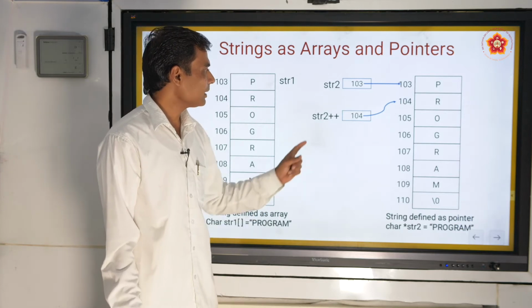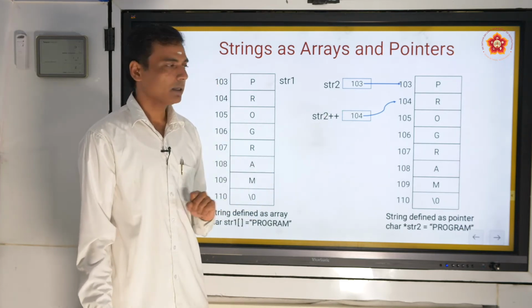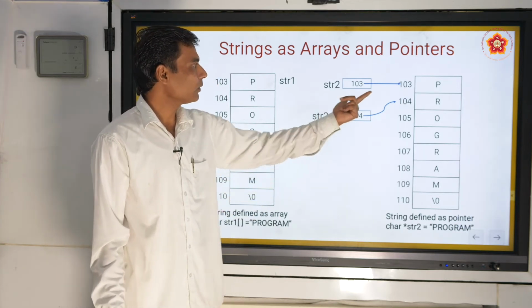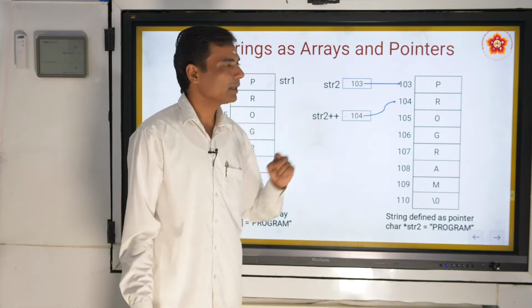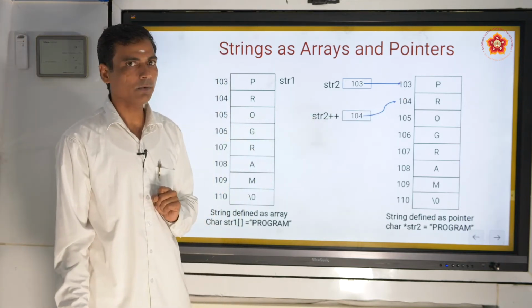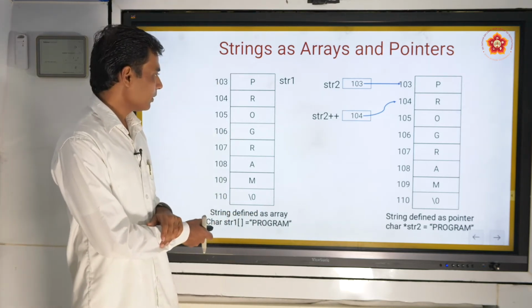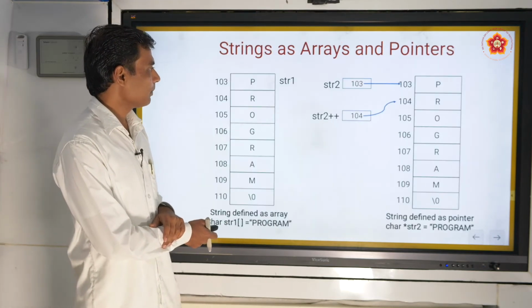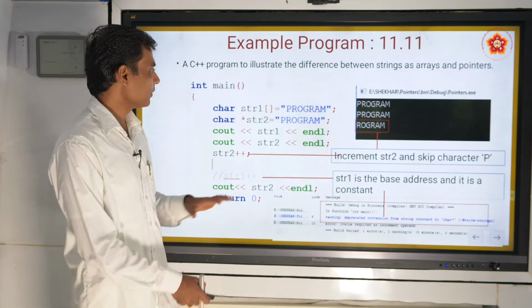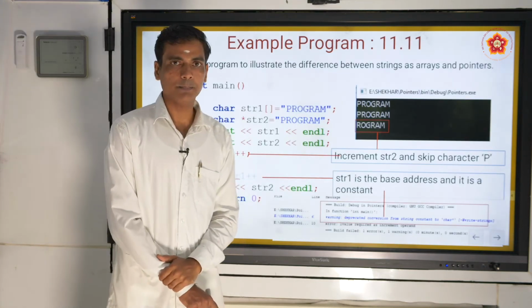And when we write str2++, then it will no longer hold the base address, it is pointing to the next character, that is 104.